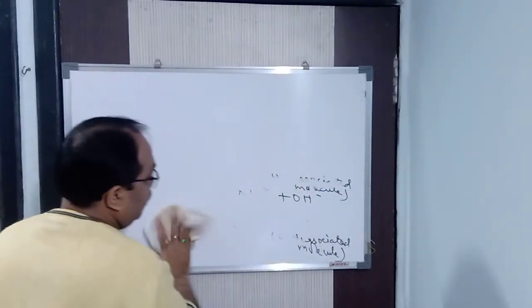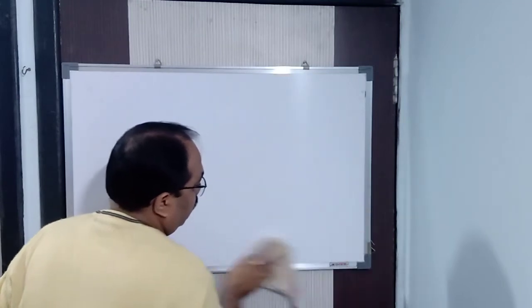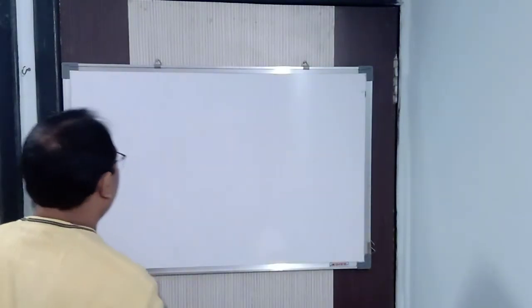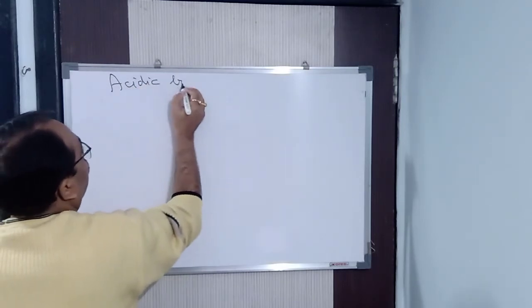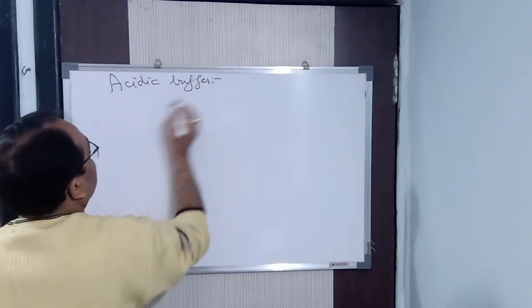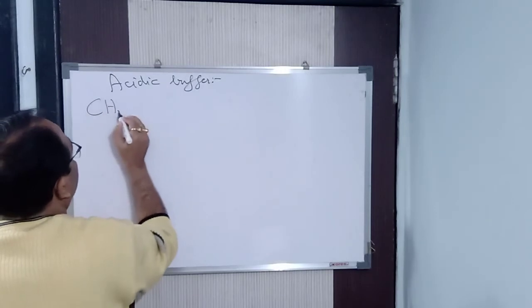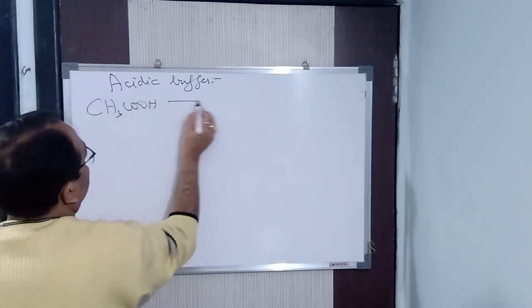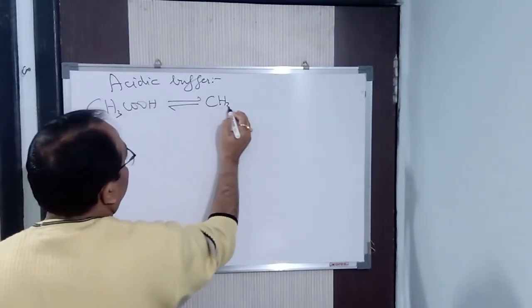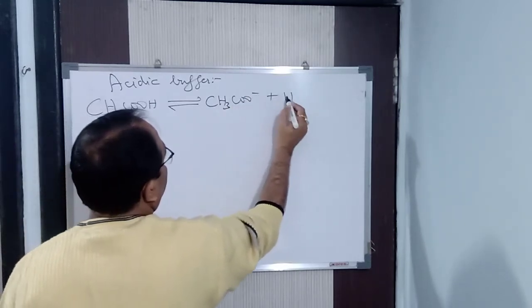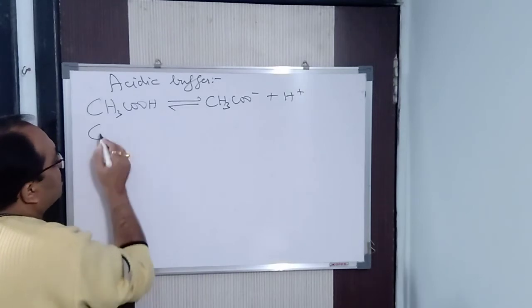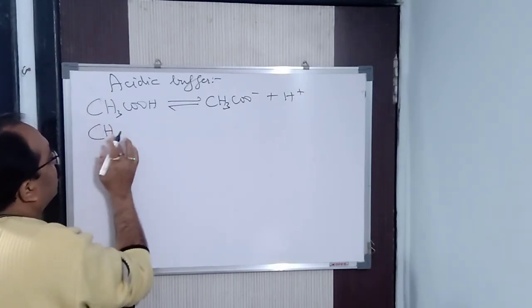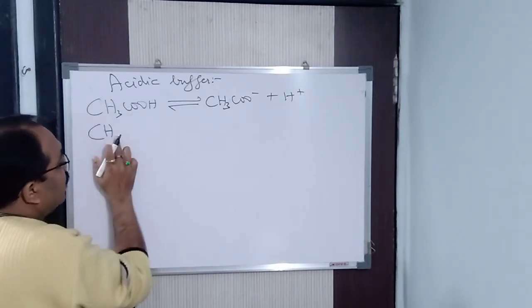For example, for an acidic buffer I will take CH3COOH. It dissociates to give CH3COO minus plus H plus. You know that. Now, an acidic buffer is nothing but a weak acid and its salt with a strong base.